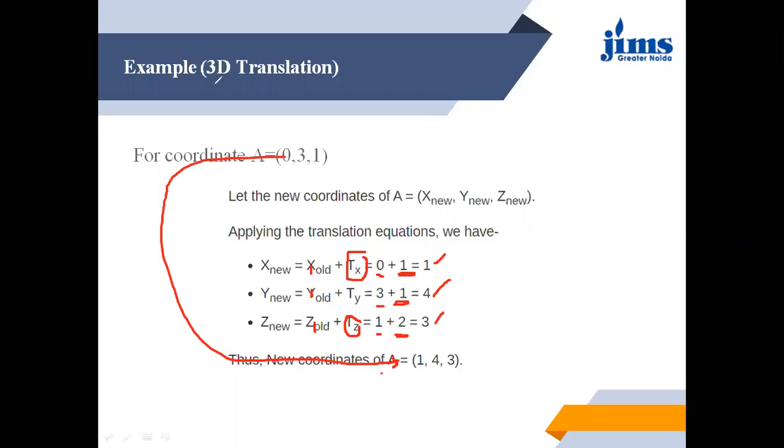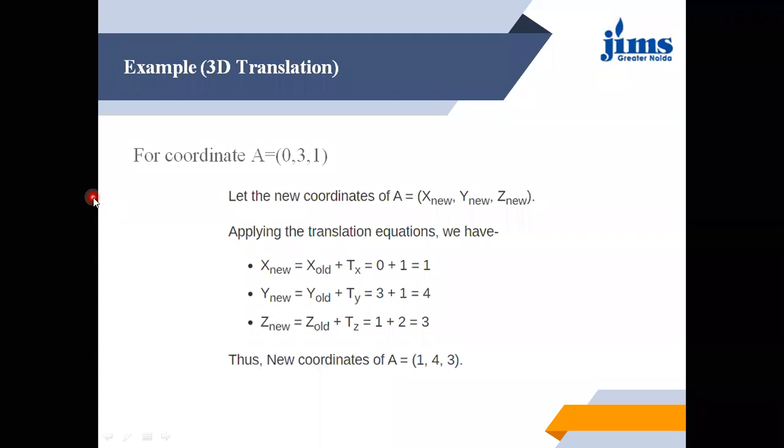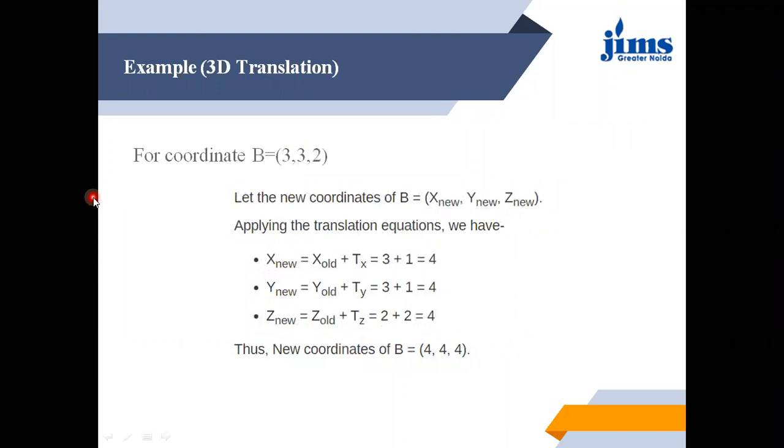So this is the way by which we can find the coordinates of the transformed object. The original coordinates of point B were 3, 3, 2.